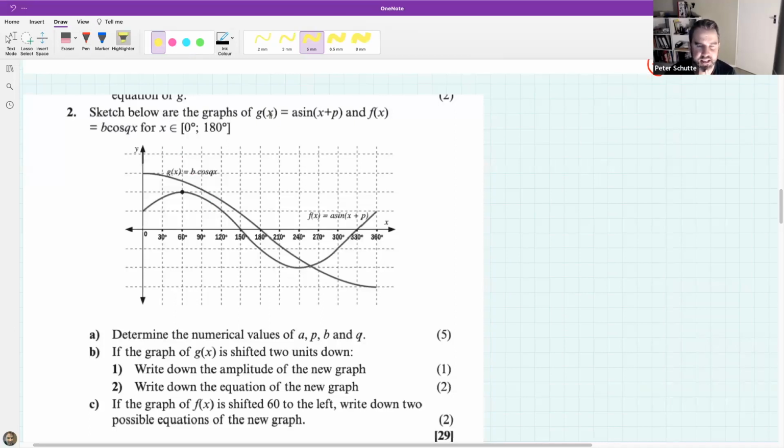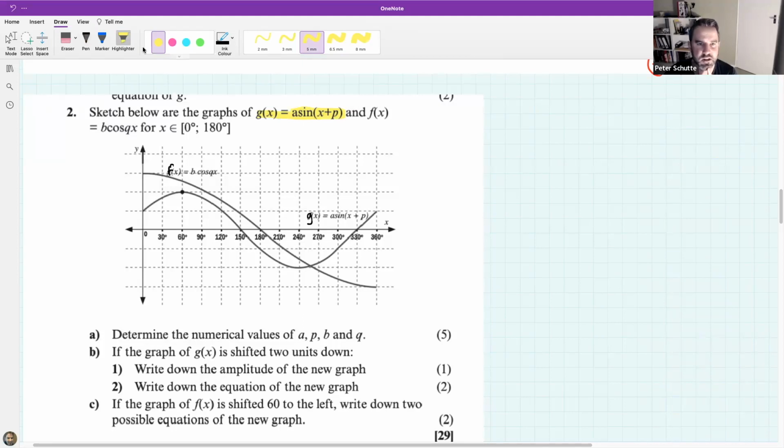So again, we're going to get the g of x is a sine x plus p, and so it's just this little label that's wrong. So that should be a g of x. So that's a g of x. And this one over here, the cos one, is f of x. So that's a label that's wrong.